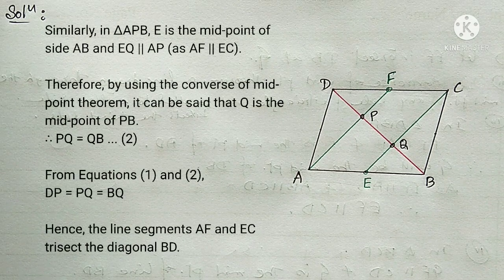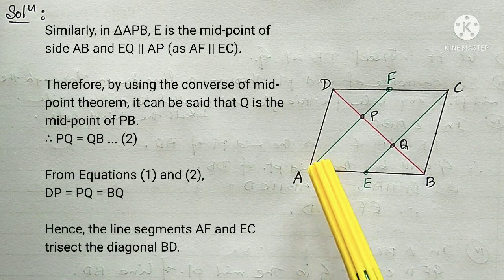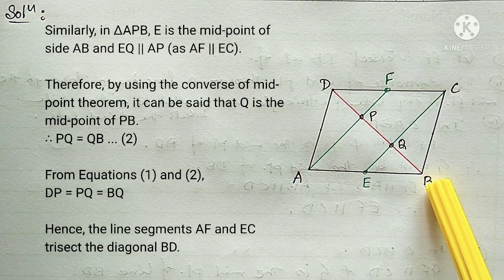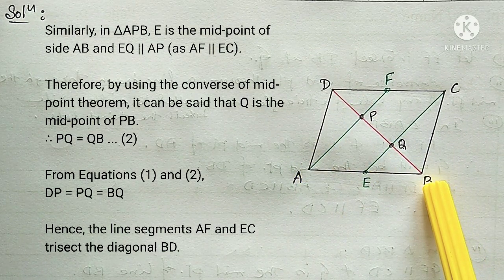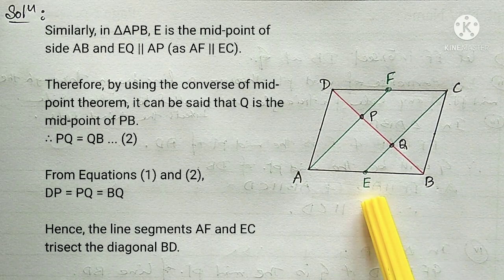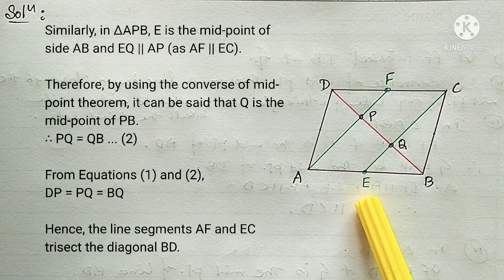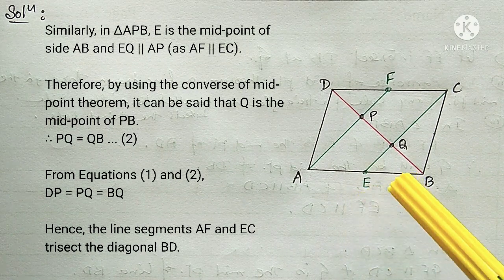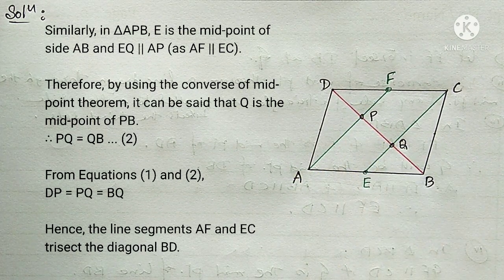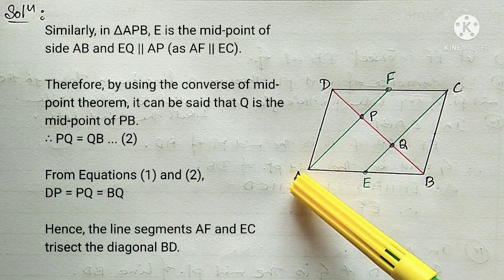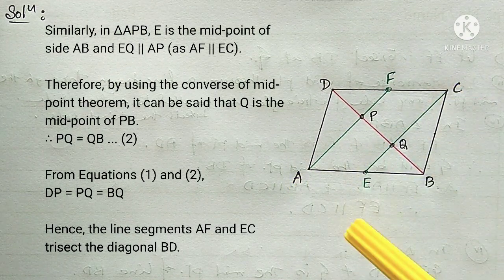Next, again, we take another triangle, the second triangle, APB. In this triangle, on the side AB, E is the midpoint. And here you see AP is parallel to EQ, because AF is parallel to EC, so these two sides are also parallel.